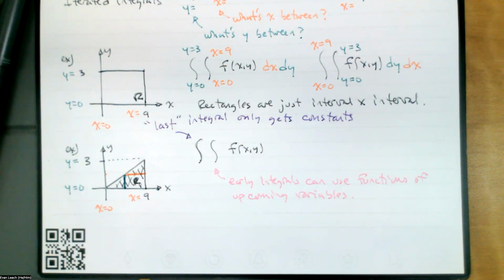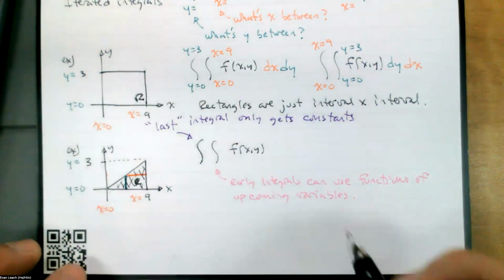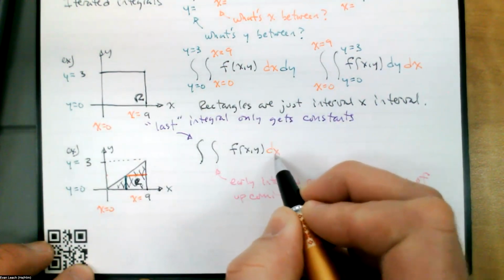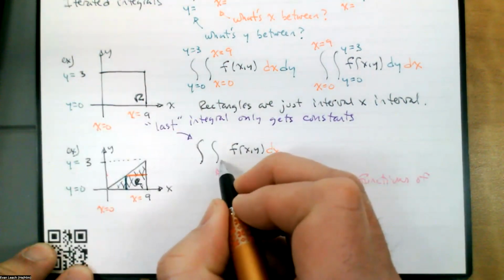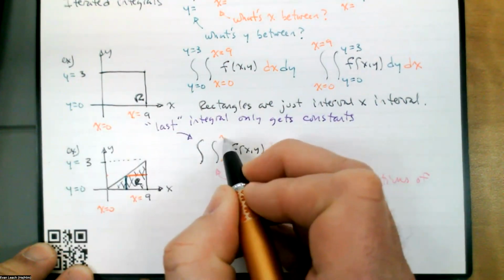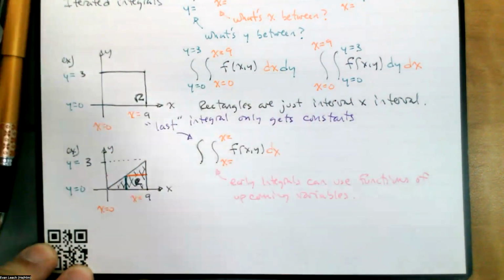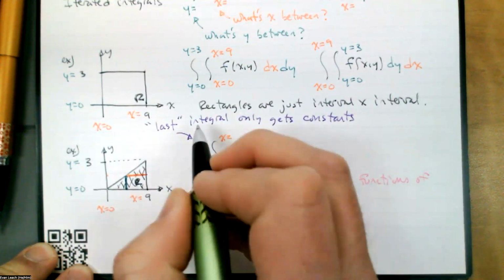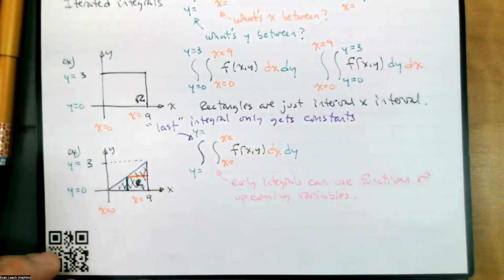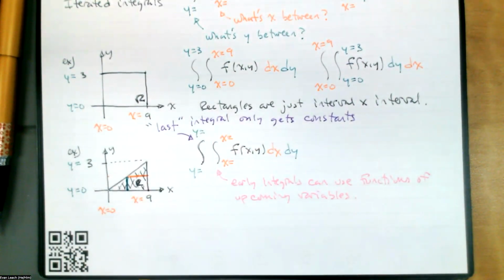So let's set this up with a dx dy integral. So my x will be the first integral that we come across, and our y integral will be the last integral we come across. Now, this is just how we do things.